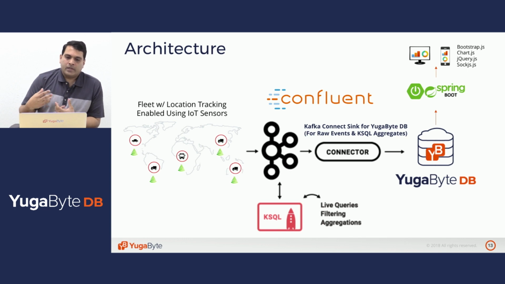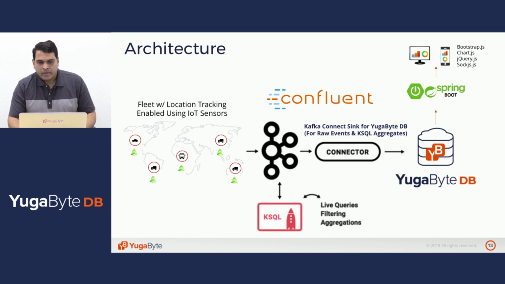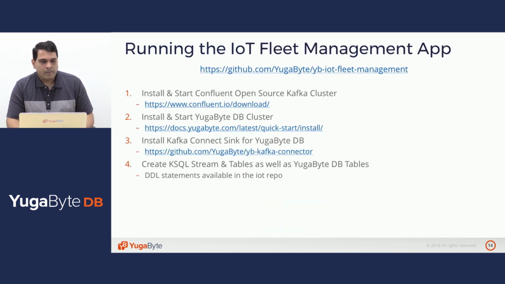And once the data is there in the database, we go ahead and display it using jQuery in the dashboard. It's a Spring Boot app which uses jQuery and WebSockets to display the output. So let's go into what are the software aspects which are needed to demo this app.